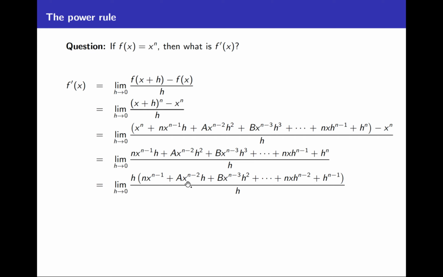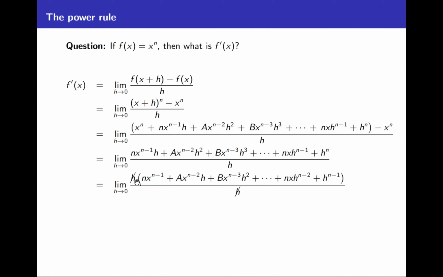You'll notice that in the expression in parentheses here, the first term, n times x to the power of n minus 1, came from here where there was an h to the power of 1. So this term doesn't have an h in it, but every other term, coming from the terms that had higher powers of h up here, has an h in it.